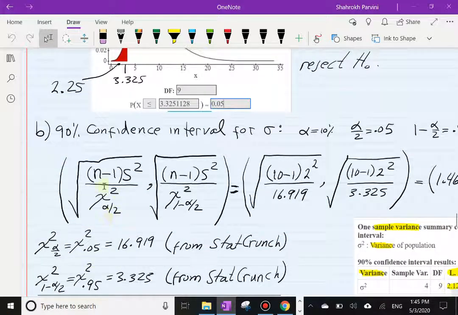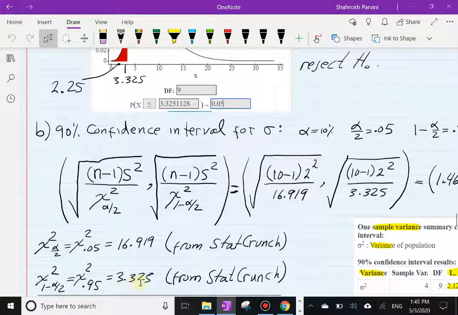See down here, the lower limit is chi-squared subscript alpha over 2. That means chi-squared 0.05. From StatCrunch, I got this. And then 1 minus alpha over 2, that's 1 minus 0.05. It makes it 0.95. Again, from StatCrunch, I did the left tail 0.05 or the right tail 0.95.